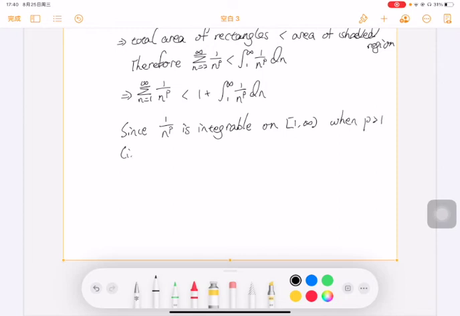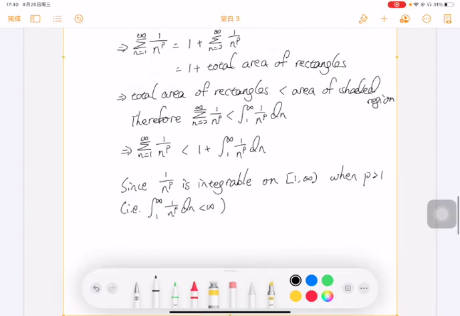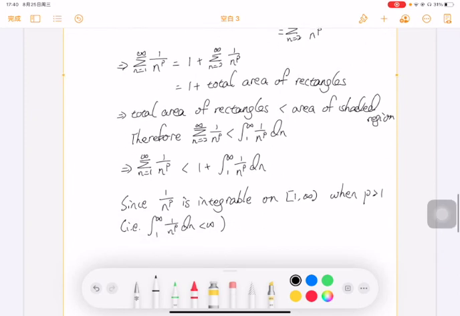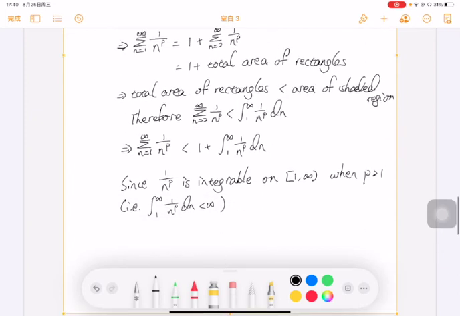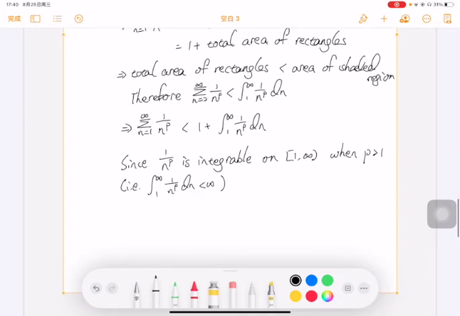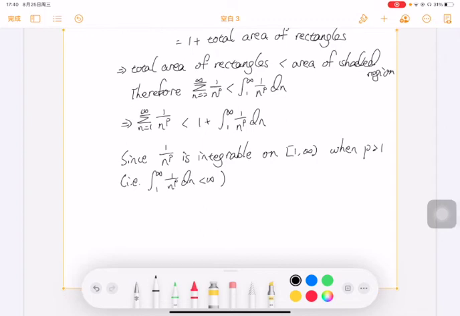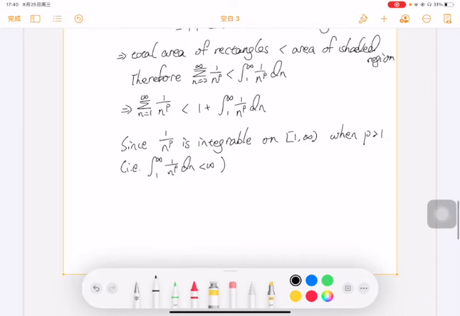What this means is the integral from 1 to infinity of 1 over n to the p dn is finite. Since the function is integrable, the integral gives you a finite number, and if you add 1 to a finite number, you get another finite number. The infinite series of 1 over n to the p is smaller than a finite number, so the series gives you another finite number, which means the series converges.